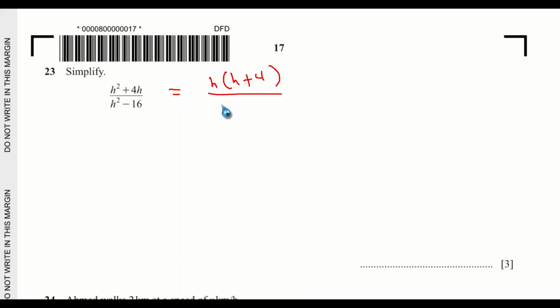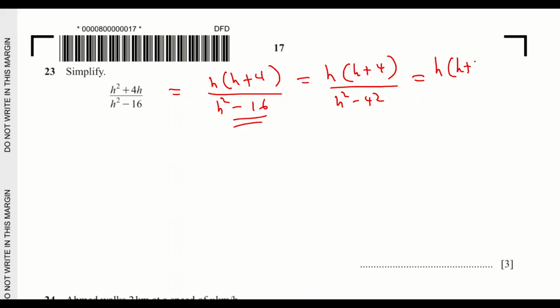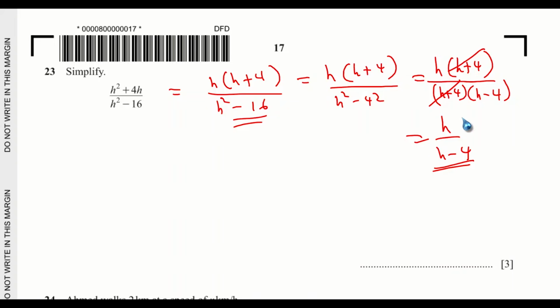The denominator, h squared minus 16, can be written as a difference of two squares: h squared minus 4 squared, which is h plus 4 into h minus 4. So h plus 4 cancels out, and we are left with h over h minus 4. This is my final answer.